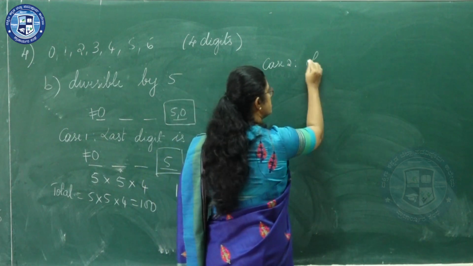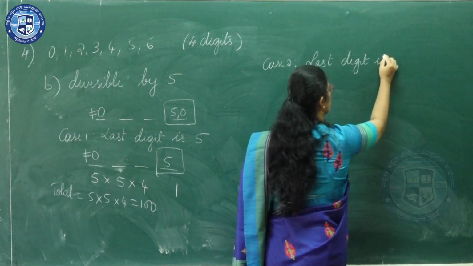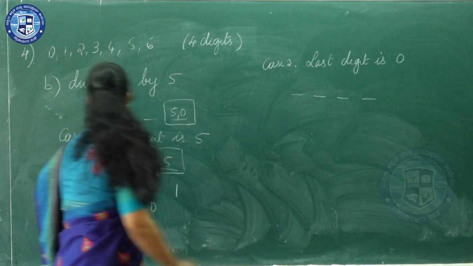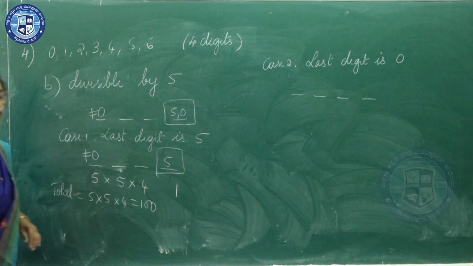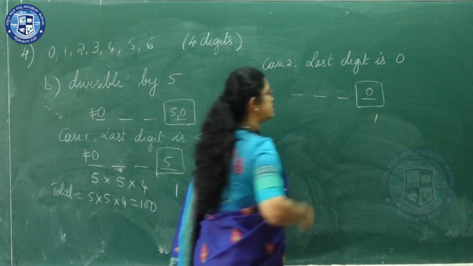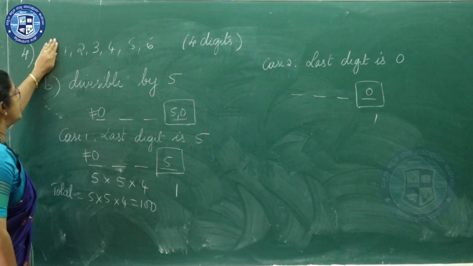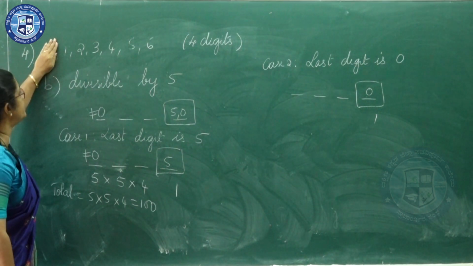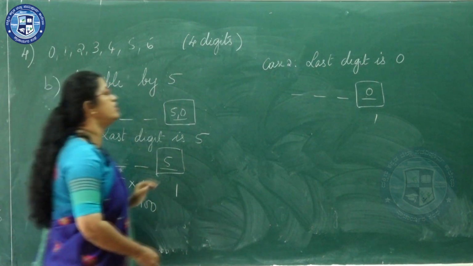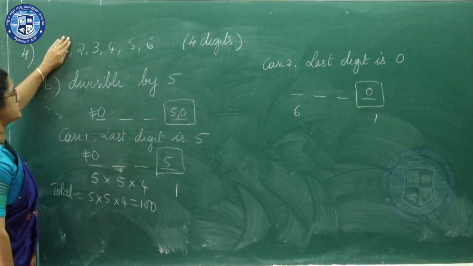Case 2 is when the last digit is 0. Again we are dealing with 4-digit numbers. Here the last digit is 0. This can be filled in only one way, and if this is 0, now the first place can be filled. How many choices? I can fill any one of the 6 because 0 is already gone. So this can be filled in 6 ways. Now 2 numbers are gone.